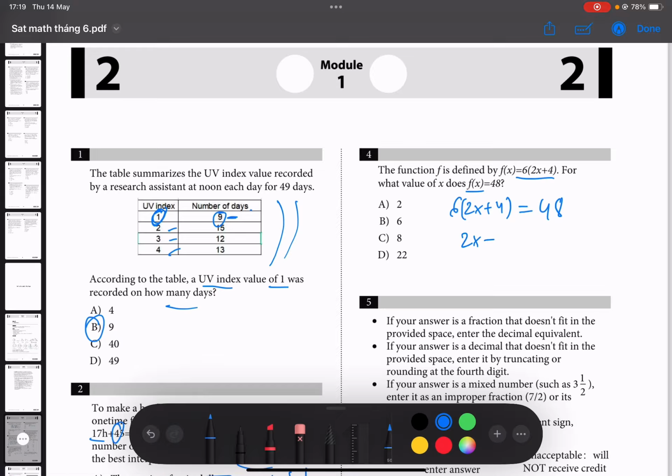So you have 2x + 4 equal to 48 divided by 6, which gives you 8. You get rid of the 4 by subtracting 4 from both sides, and you have 2x = 4, then x = 4 divided by 2, which gives you 2. So the value of x is 2, and it gives you f(x) = 48. So the answer is A.